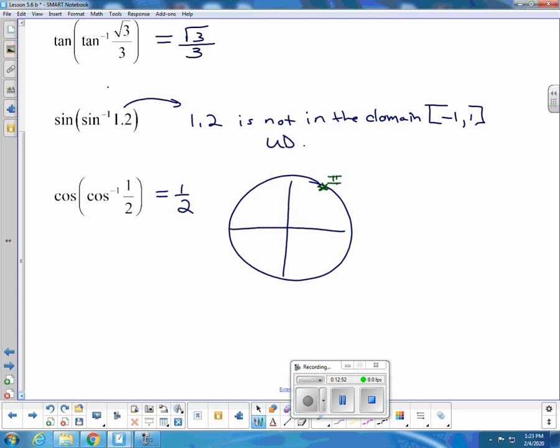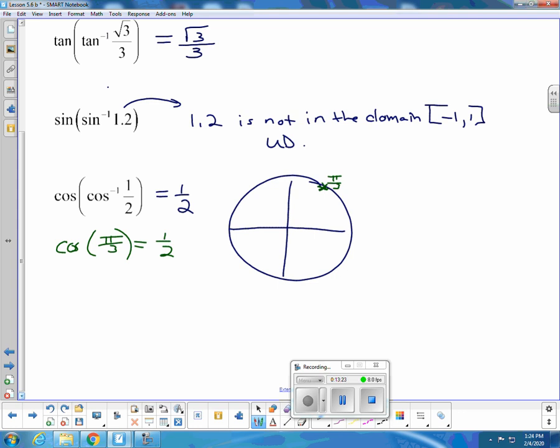Pi over 3. So then they're saying, what's the cosine at pi over 3? Well, it's 1/2. You're saying, what's the angle that has a cosine of 1/2, and then what's the cosine of that angle? It's obviously still 1/2. We didn't do anything. That's why it's the same as long as it's defined. There is no angle that has a sine of 1.2 because that's impossible. It's outside of its domain.